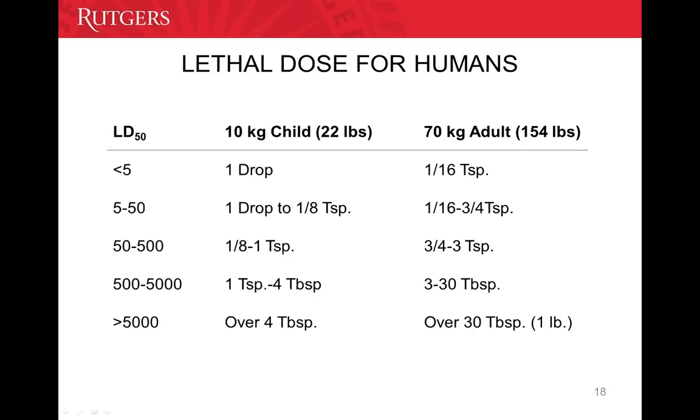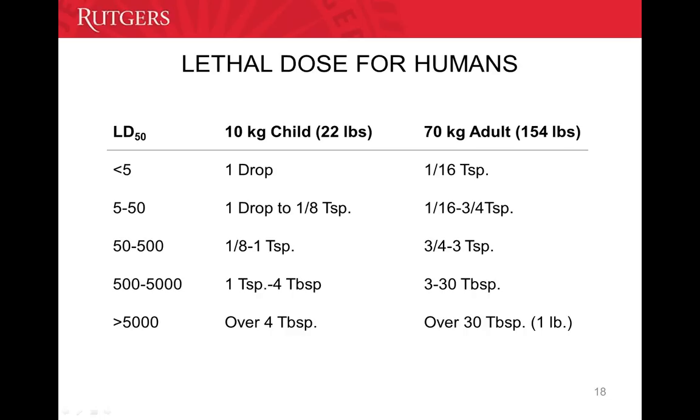And just for some kitchen measurement here, we assume that a child would weigh about 10 kilograms, that's about 22 pounds, and a healthy adult about 70 kilograms, or 154 pounds. If the LD50 of the compound is measured to be less than 5, then it takes barely a drop to be lethal for a child, and about 1/16 of a teaspoon for an adult.